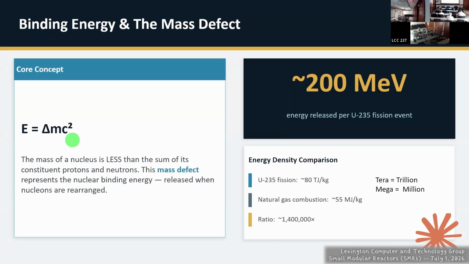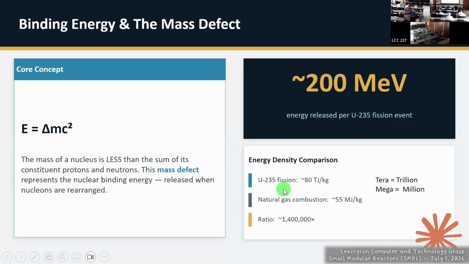And nuclear fission only uses 0.1% of the energy available in matter. But you multiply that 0.1% by the speed of light squared, and you get a big number. If we look at U-235, that's the main element we'll be talking about, each split gives off 200 million electron volts.